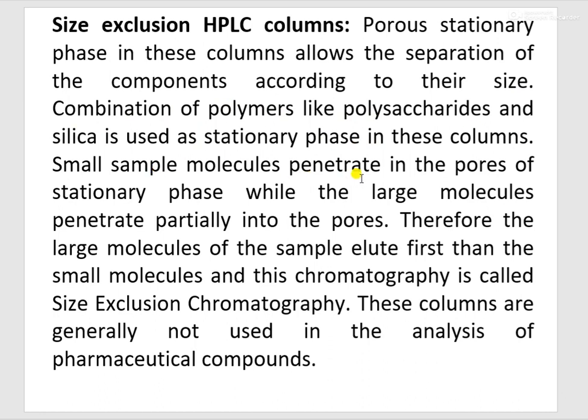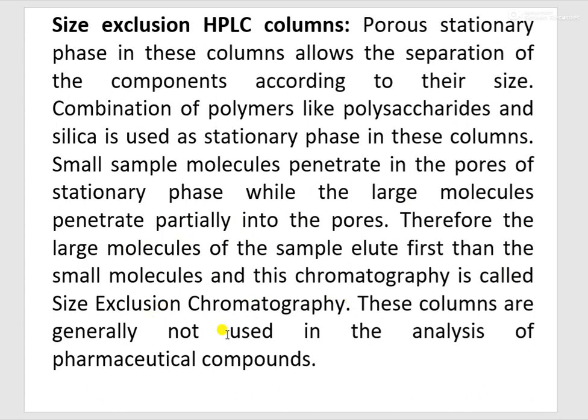Small sample molecules penetrate into the pores of the stationary phase, while large molecules penetrate only partially into the pores. Therefore, the large molecules of the sample elute first with the mobile phase, then the small molecules, and this chromatography is known as size exclusion chromatography.